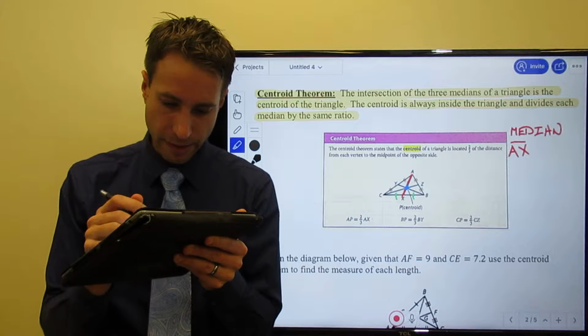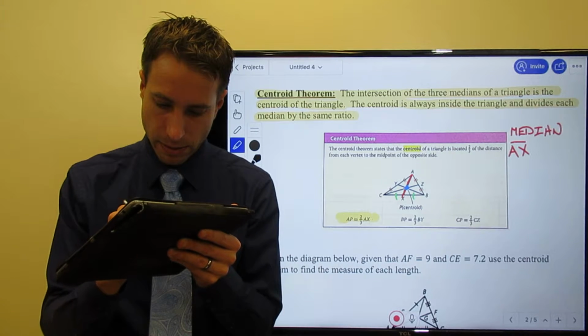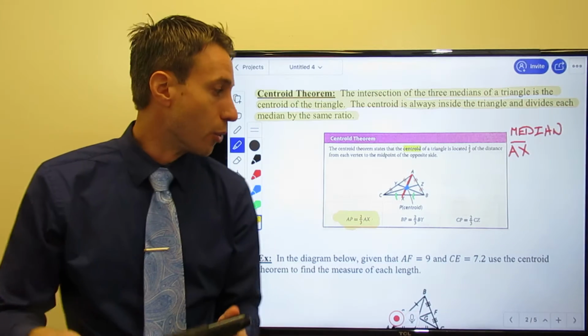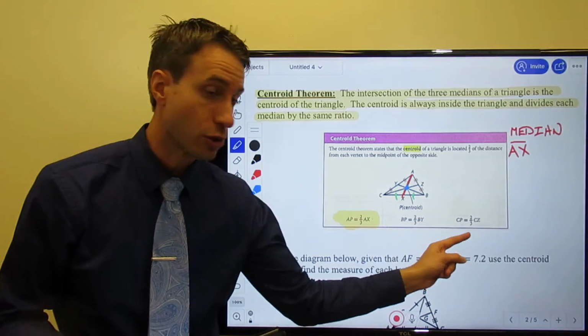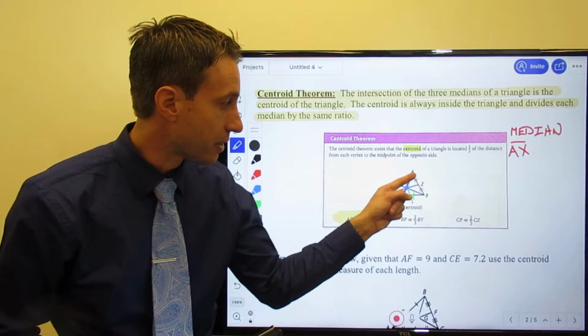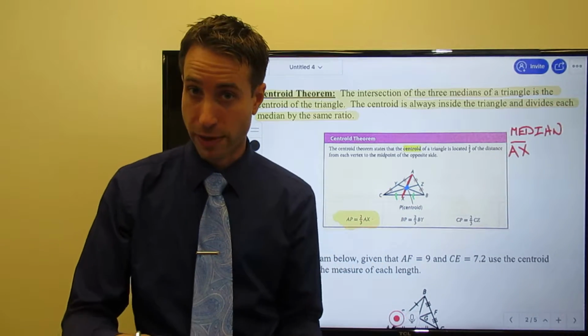Notice that they're all exactly the same. They're all 2/3, 2/3, 2/3. So if I help you understand how this one works, you'll know how all of them work.